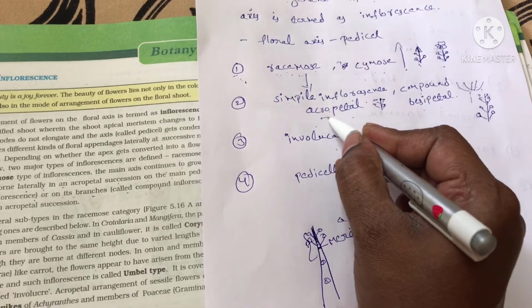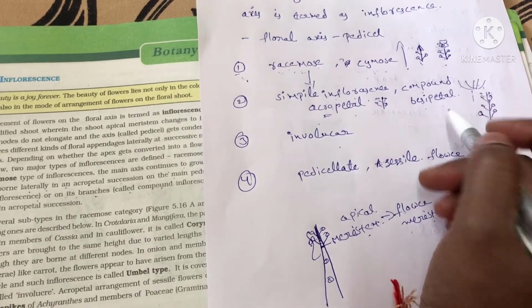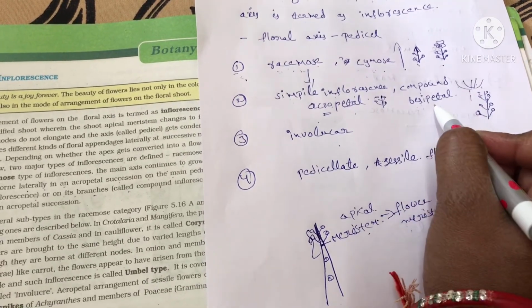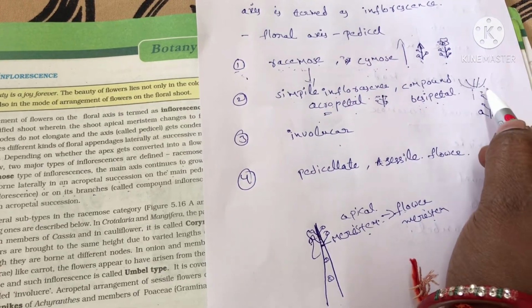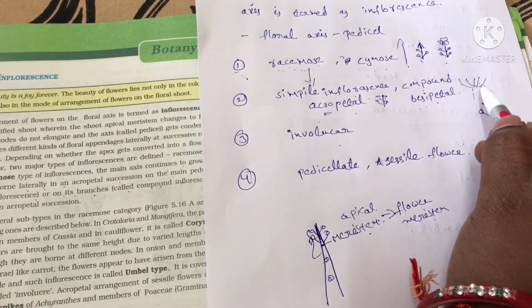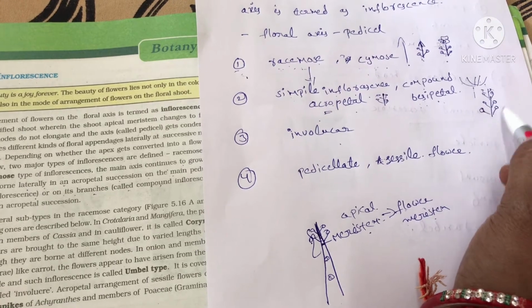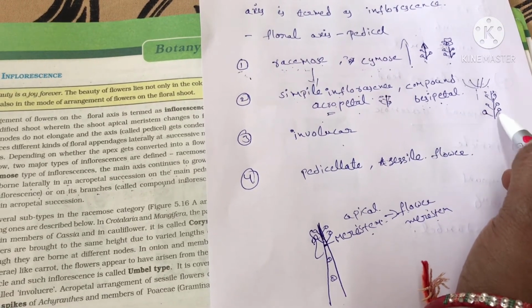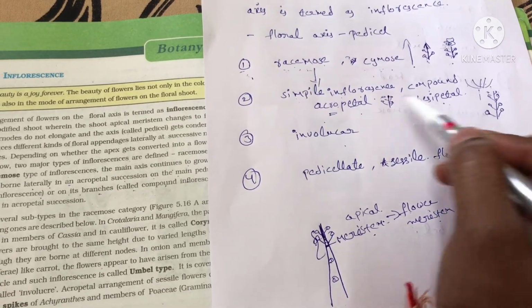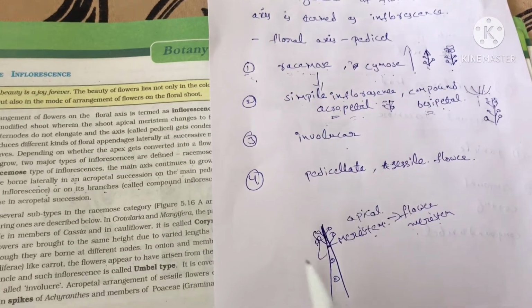This condition is called acropetalous. Basipetalous means first the apical region flowers are developed, later the basal flowers are developed. This condition is basipetal and acropetalous.